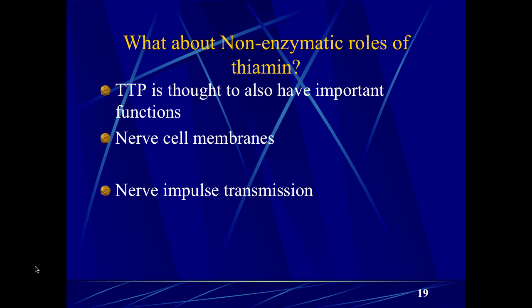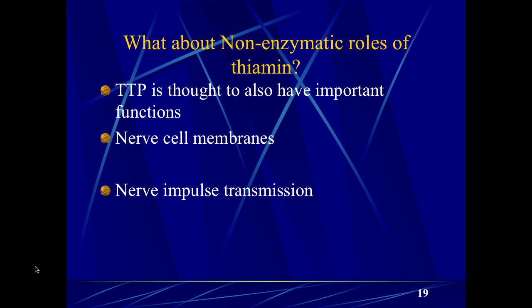So that's one of the reasons it's believed to be an important form for this. The other reason is when we talk about the physical manifestations in thiamine deficiency, the nervous system is one of the most affected systems in the body in thiamine deficiency, and it's thought this might be one of the reasons why.